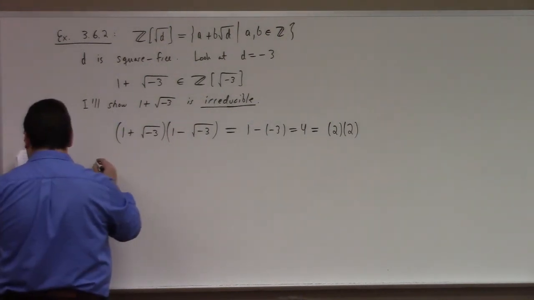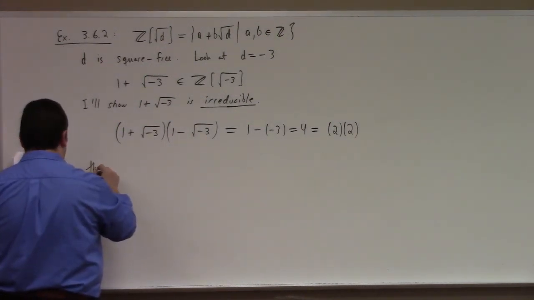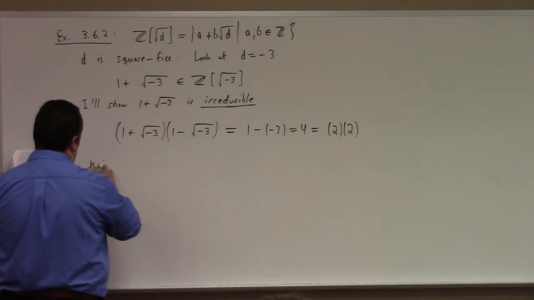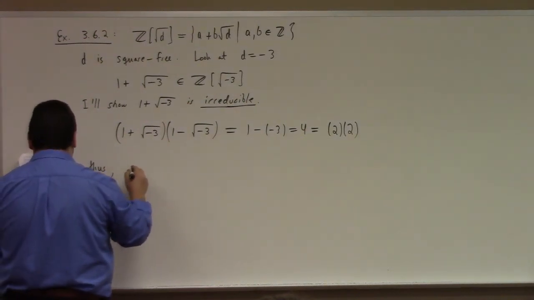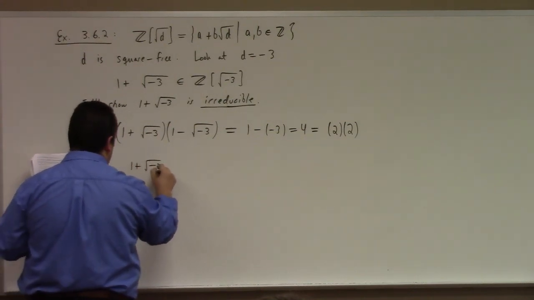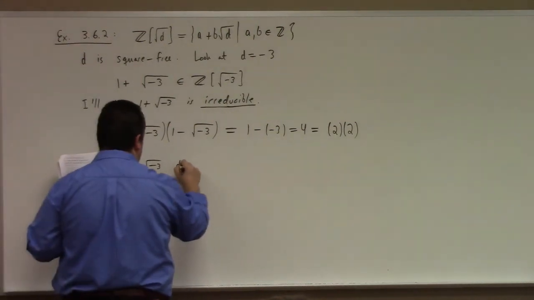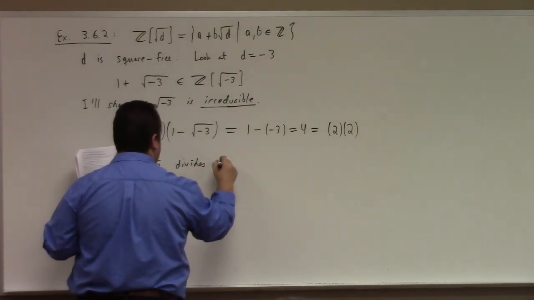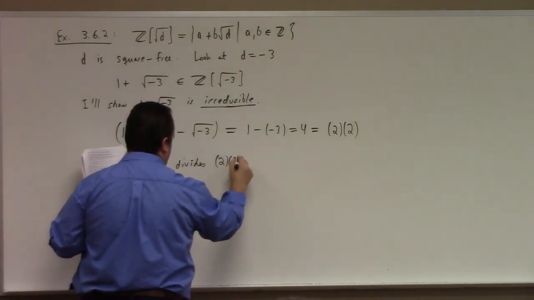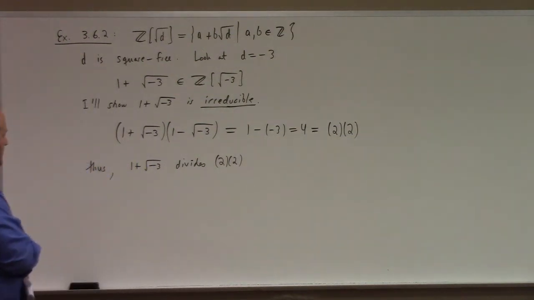I'm missing something here, guys. I say thus, maybe you can help me out. I can't spell thus, not a good sign. Thus, excuse me, 1 plus the square root of minus 3 divides 2 times 2. I don't see how I get that.